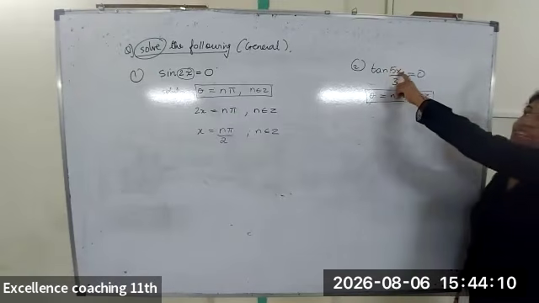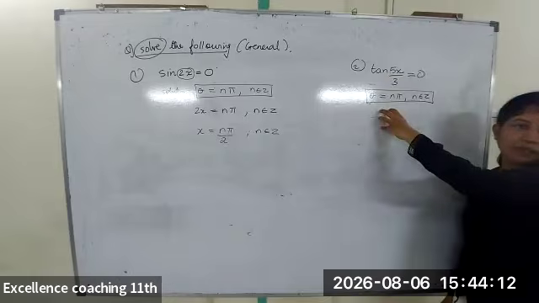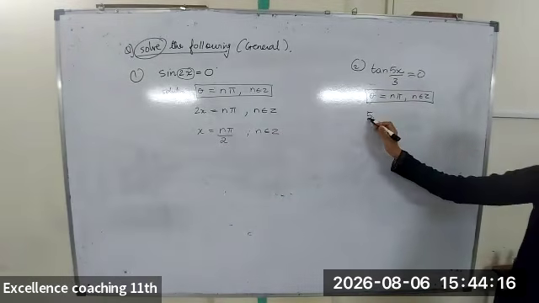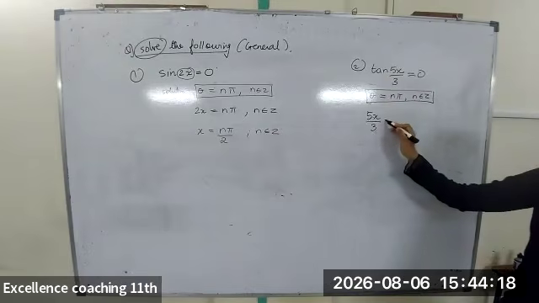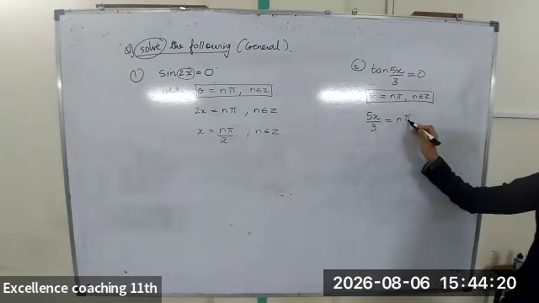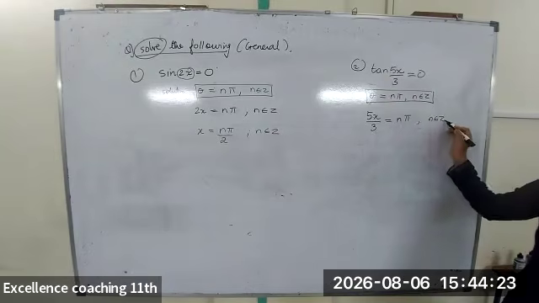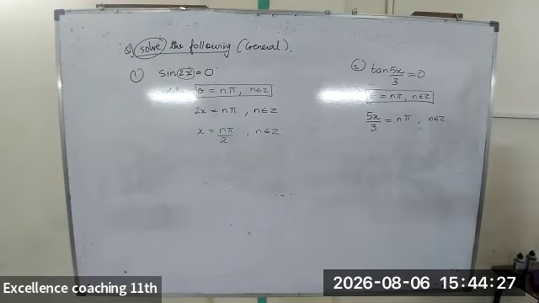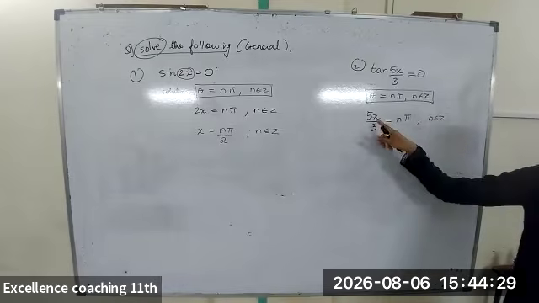If this was 5 theta by 3, consider 5 theta by 3. Cannot forget this, and n belongs to that. Now we need x.